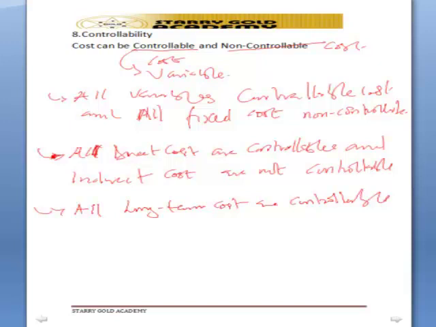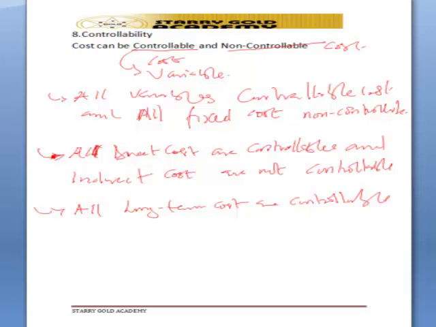So all long-term costs are controllable. If the time period is long enough, all costs can be controlled. Because long term is a period of production that is very long. So it's a fallacy.